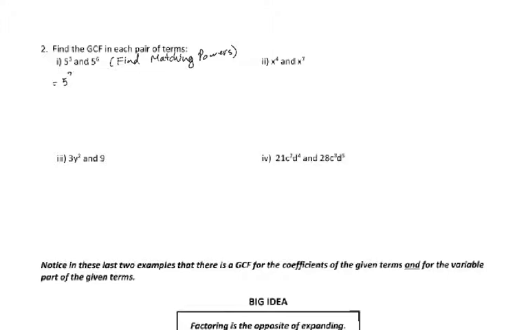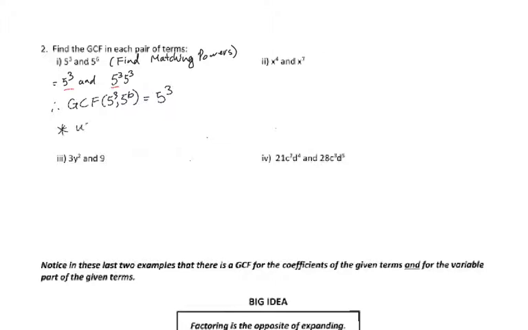Now, I'll just go through the work here so you see where it's going. 5 to the 6 breaks down into 5 cubed times 5 cubed. So we use the lowest power that's common to both, and in this case, the GCF of 5 cubed and 5 to the 6th is 5 cubed.